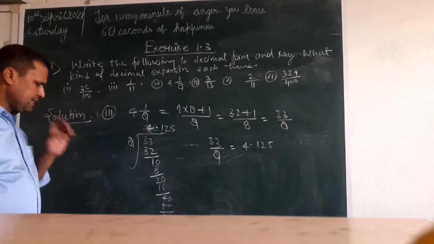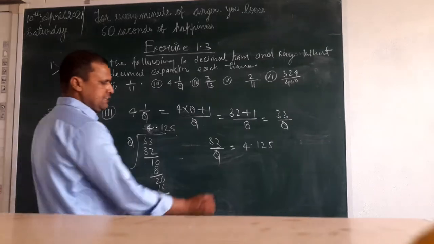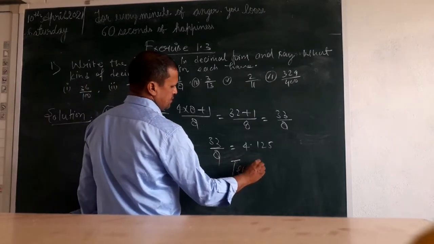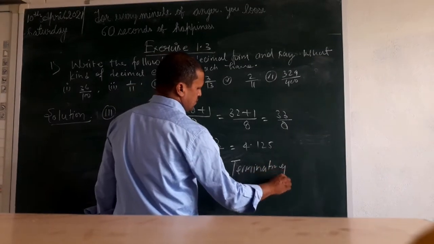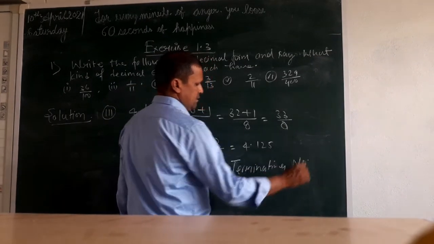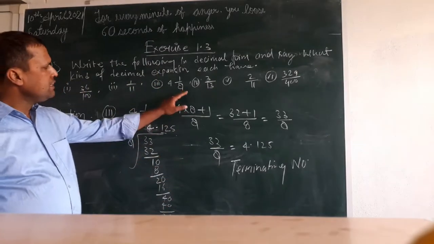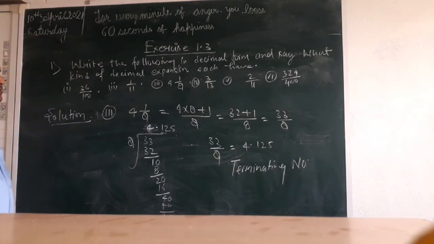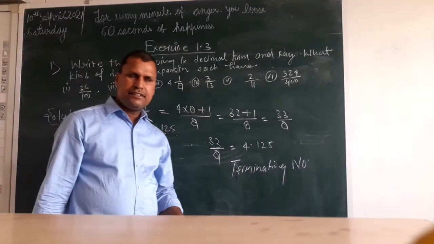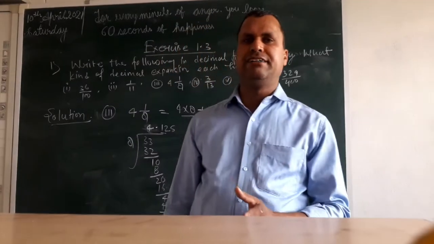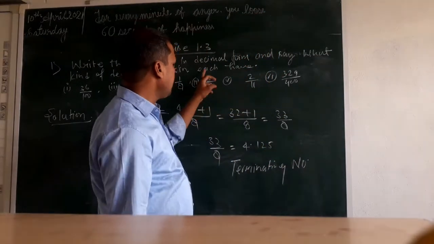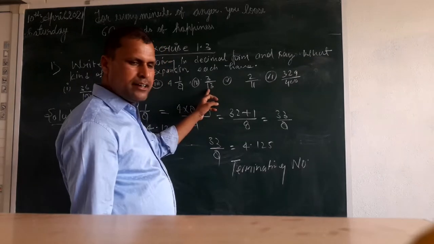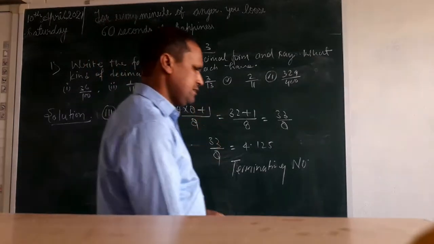This is terminating, since the remainder is 0, so it is a terminating number. Now similarly you can check 3 by 13. Check: in 13 there is no factor of 2 or 5. It means it is a non-terminating recurring number.